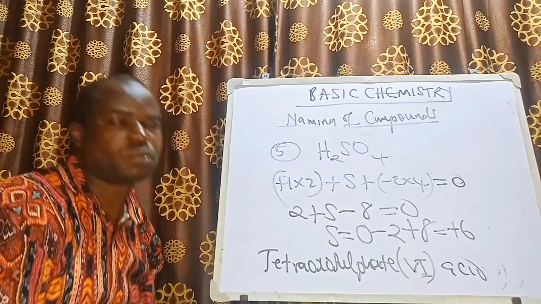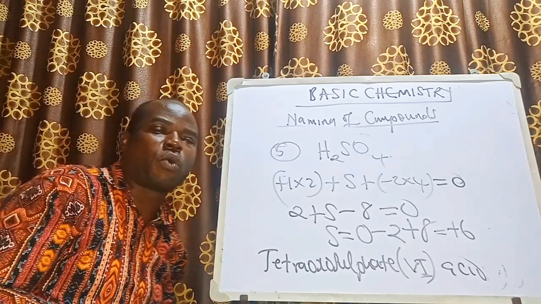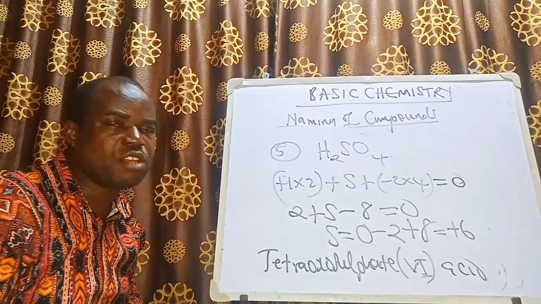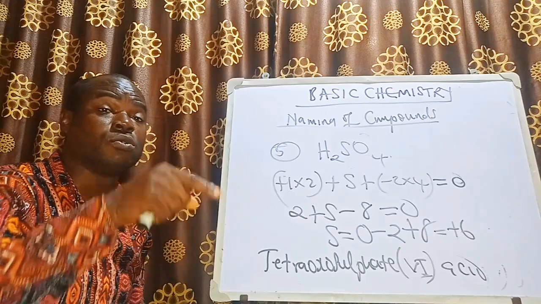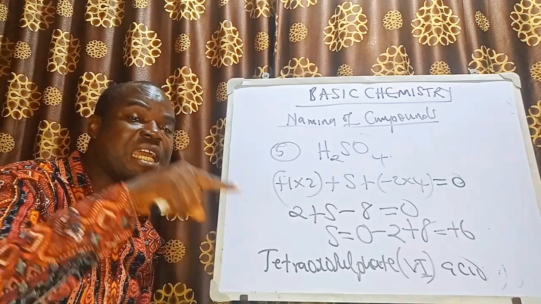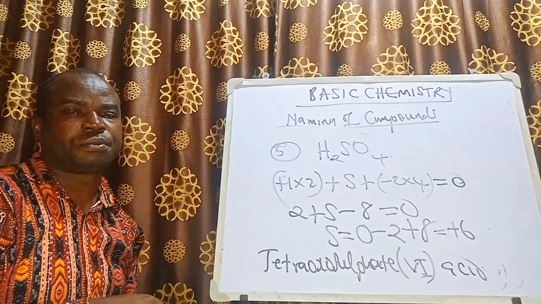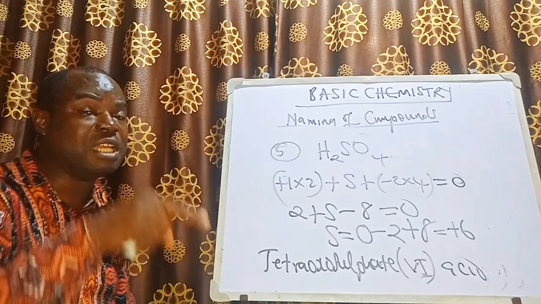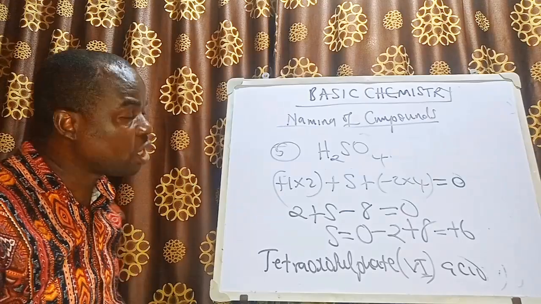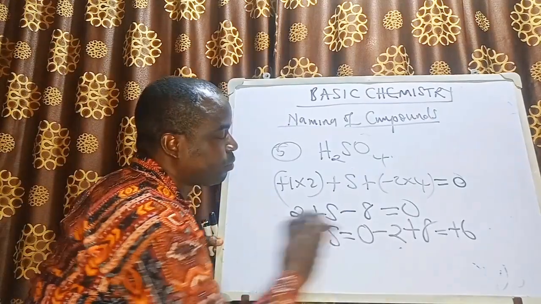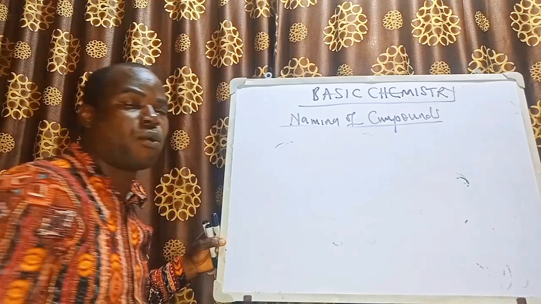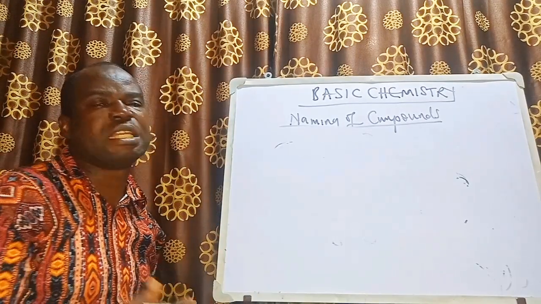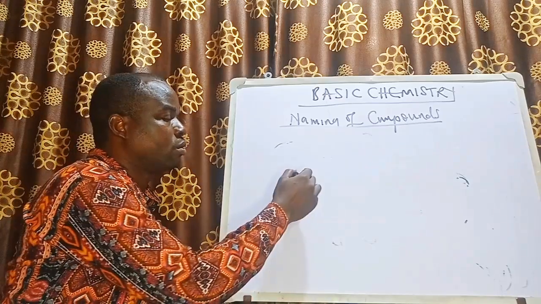Is it clear? Fine. Now, I believe with what I've explained, you can name any compound now. Pick any compound, name it, but make sure you solve for the oxidation state of the element in the middle. Okay, solve for that element in the middle before you now name the compound. Now on a final note here, I would like you to copy these compounds and try naming them.